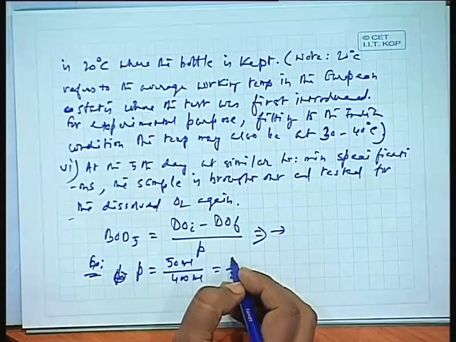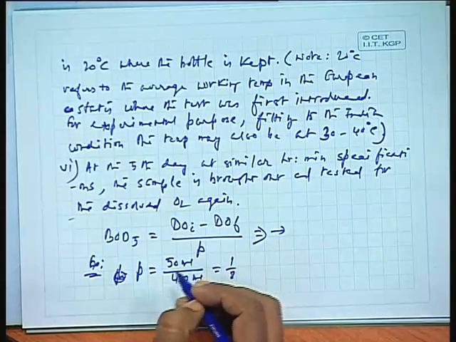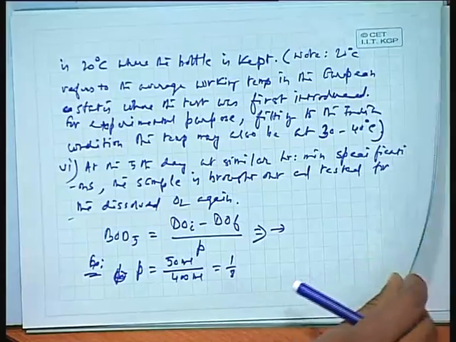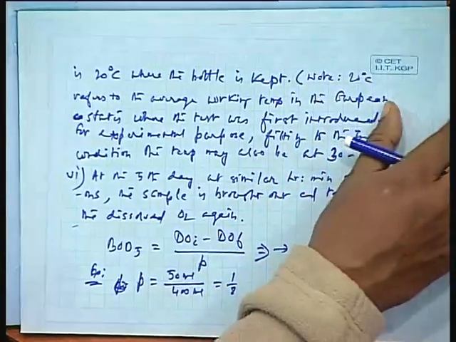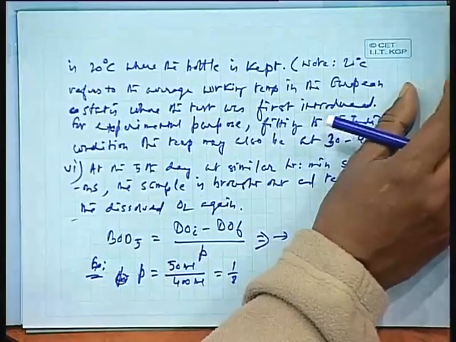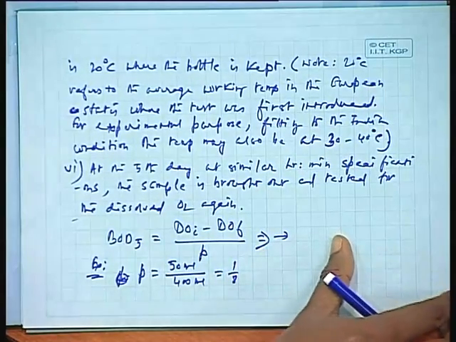The dilution is generally done so that the level of oxygen goes down considerably within a particular time.